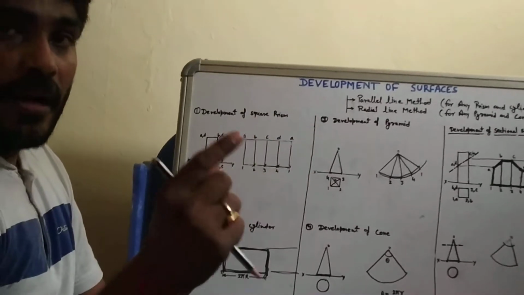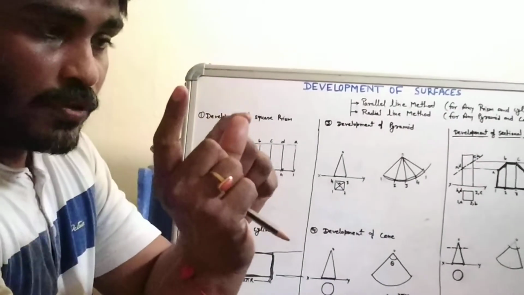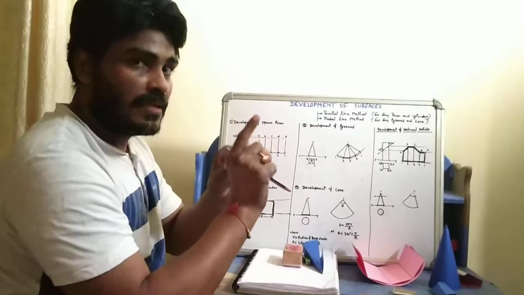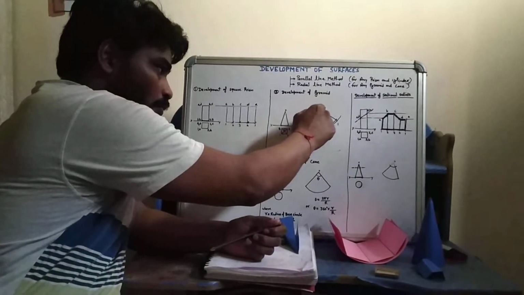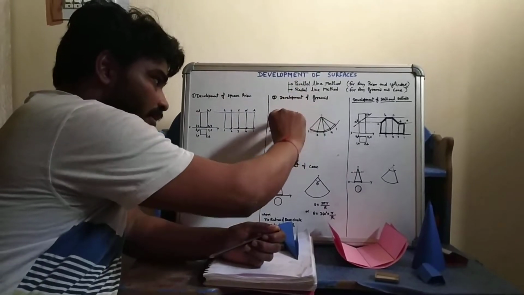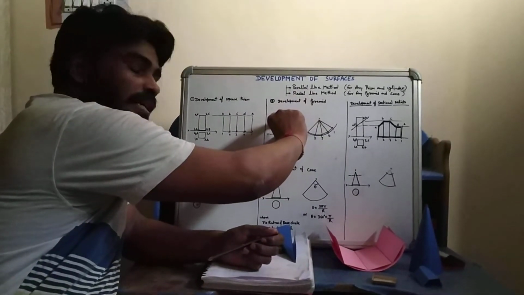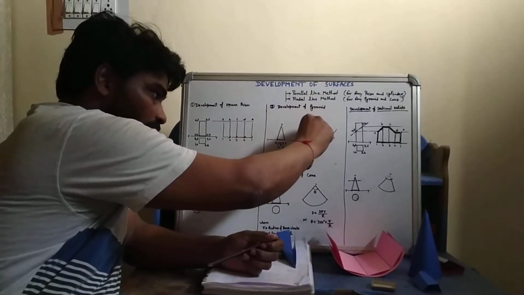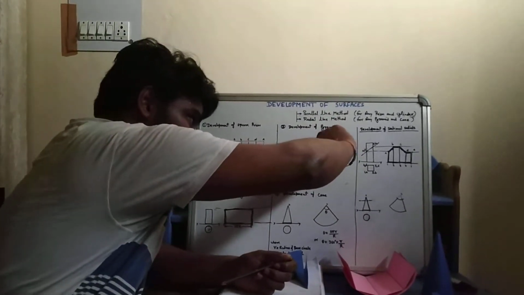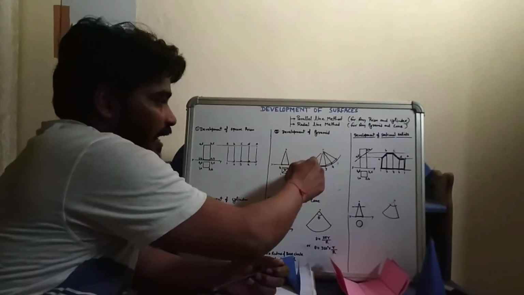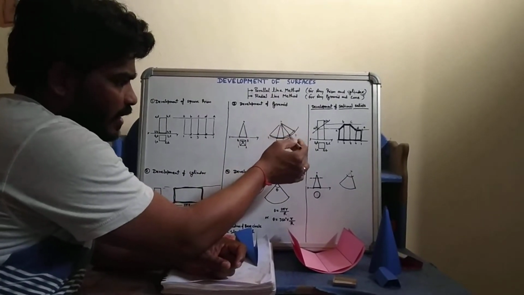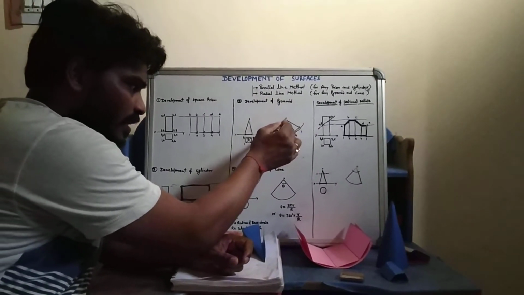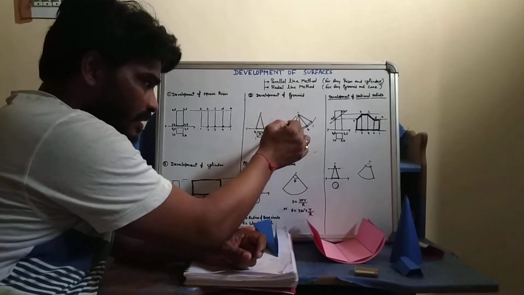So we will take the compass. Suppose this is the needle point and this is the pencil point. Put the needle point at O, take a radius equal to the length of the slant height, and draw an arc like this, radially. You don't know up to which point to take, so you can take the needle point here with this radius.